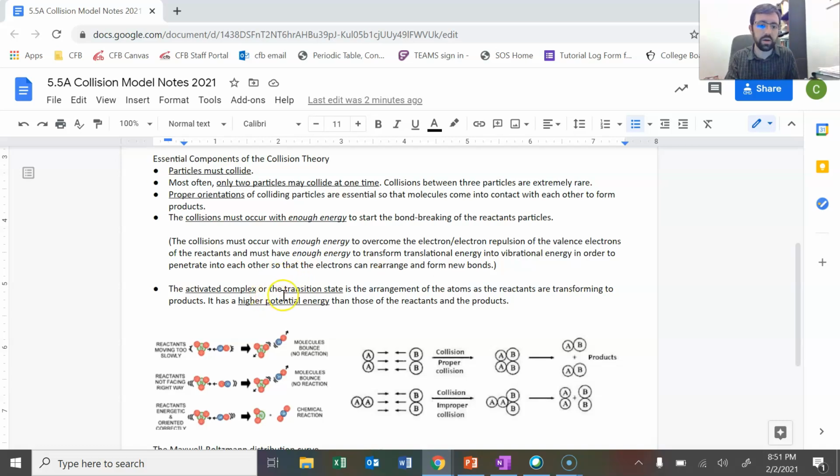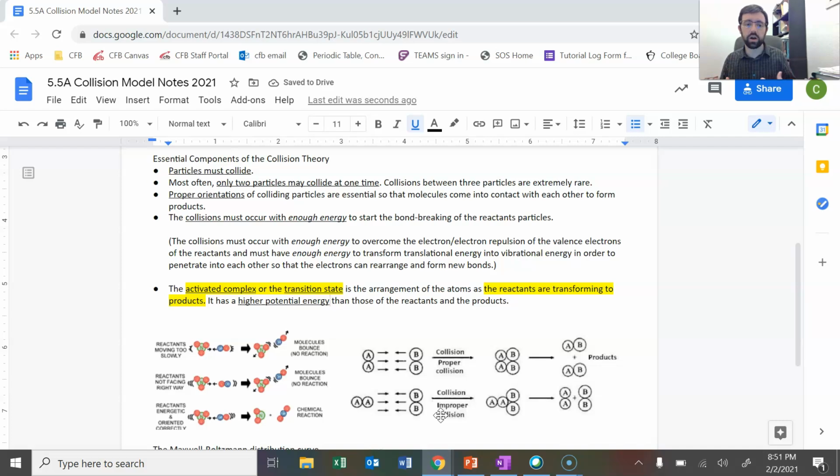The activated complex, this is an important term to know, the activated complex or the transition state, which we're going to talk about in more detail throughout this unit, is the arrangement of atoms as the reactants are transforming to the products. So it's this intermediate transition state when they are changing from reactants into products.